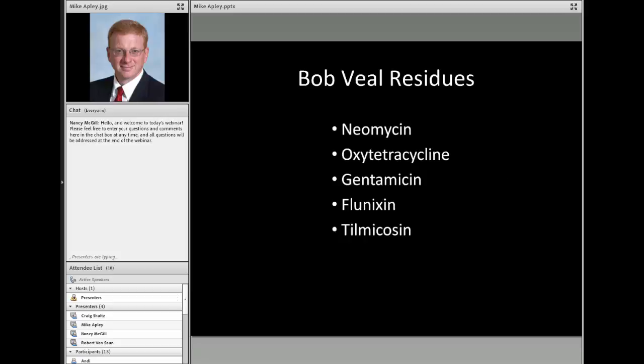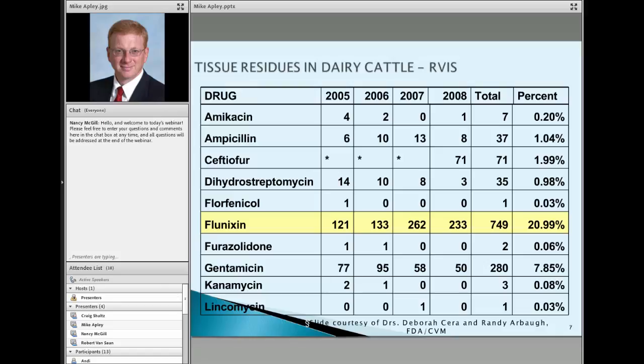In Bob Veal, primary residues found are neomycin and oxytetracycline, and many of those may be from using the neo-oxy combination product in milk replacer and not getting it withdrawn in an appropriate time. Gentamicin is one, flunixin, and tilmicosin, trade name Micotil, which is labeled for administration under the skin. It's a macrolide related to drugs such as Tylosin. So these are the primary ones coming out there.